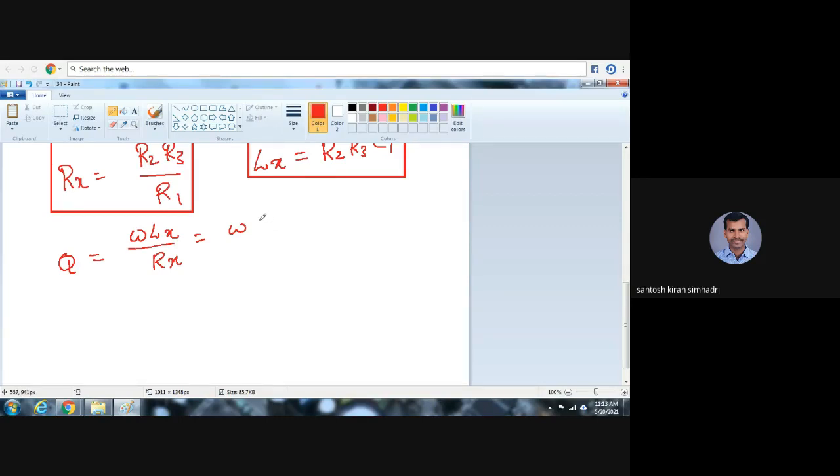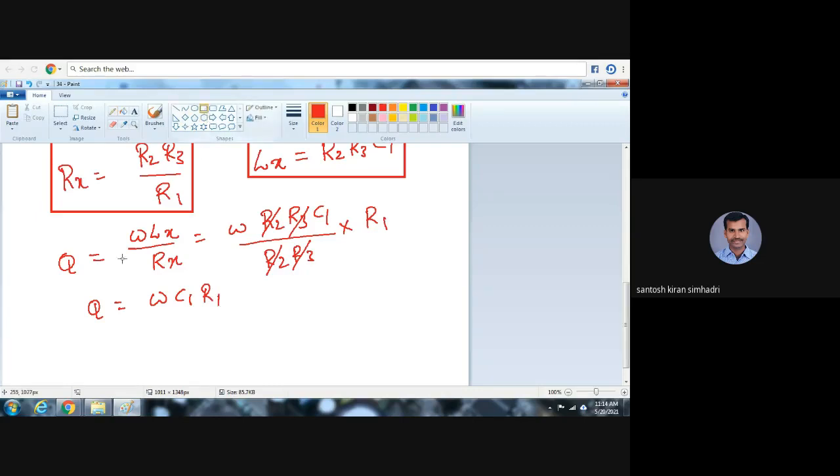So just now Lakshmi Narayana told about the Lx value, that is R2 into R3 into C1. Then what about Rx? Rx equal to R2 into R3 by R1. We can write it directly. So R2, R3 get cancelled. Then the final Q value equals omega into C1 into R1.